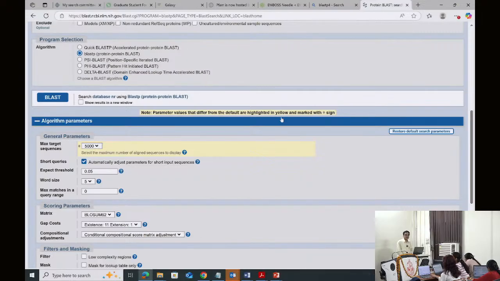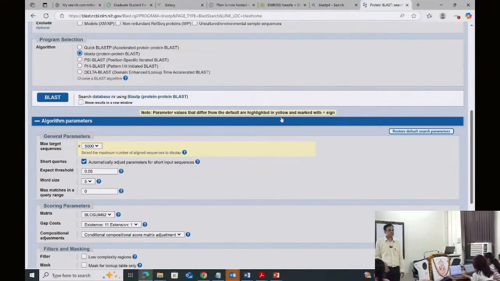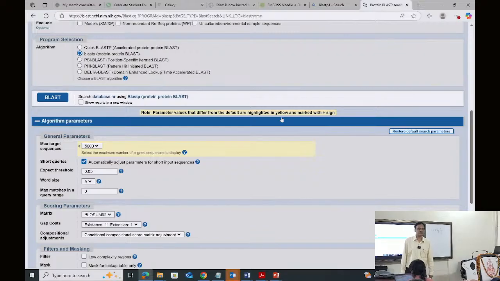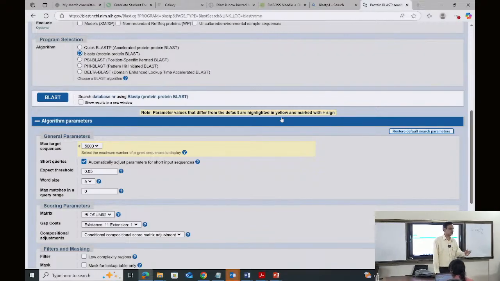Because 100 is just the display size, there could be more hits. So just change it to the maximum that is possible. Let me know how many hits with protein BLAST.